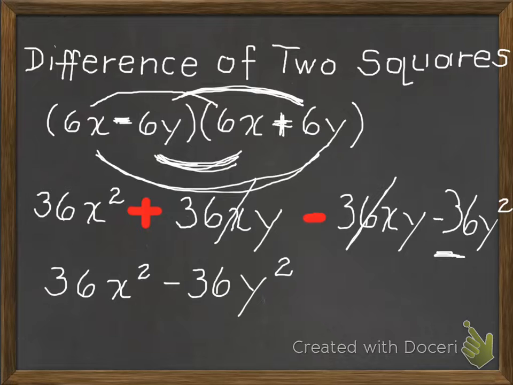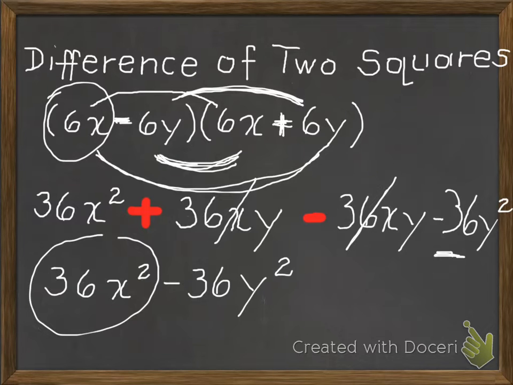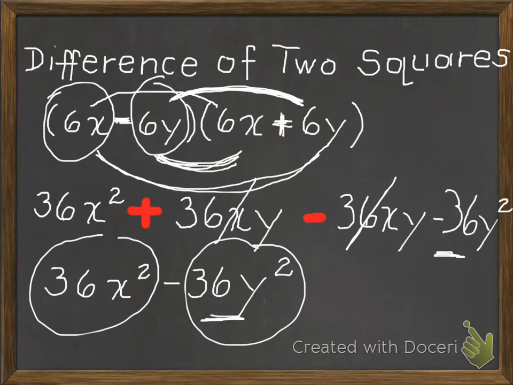So knowing that happens whenever we have this situation, in the future you can just square the first term here to get this first term, and square the last term here to get this last term. And remember that because we're going last times last to get this last term, and the lasts have opposite signs, there's always going to be a minus sign here. So we always have a difference. We always have a difference of two squares.